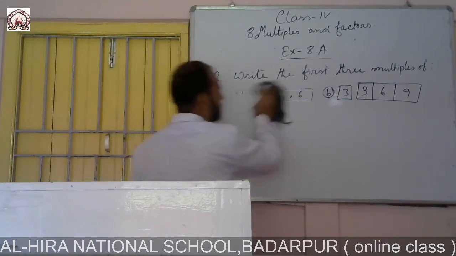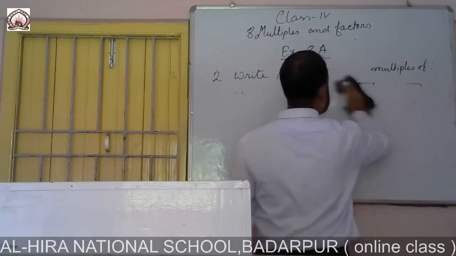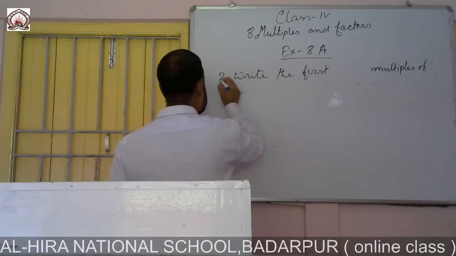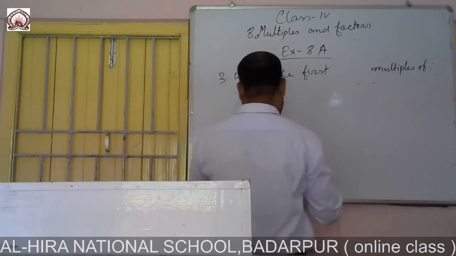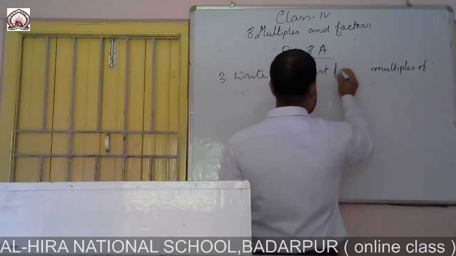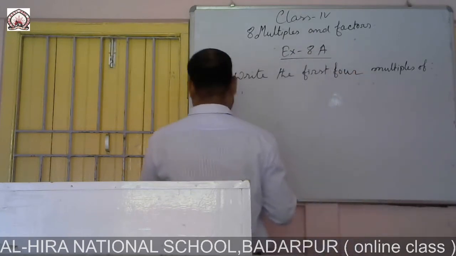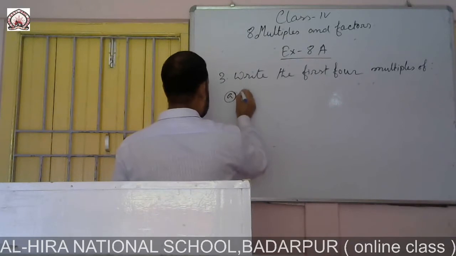Next, question number 3. Write the first 4 multiples of number A, 4.